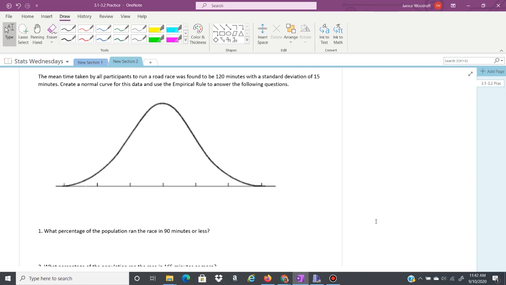So we're using the empirical rule to answer questions. All right, so let's go ahead and do that. So if the mean time is 120 minutes, here's the middle. That's going to be your 120. Standard deviation of 15 minutes. So I'm going to add 15 minutes. It's 135. And I'm going to subtract 15. That'll be 105.